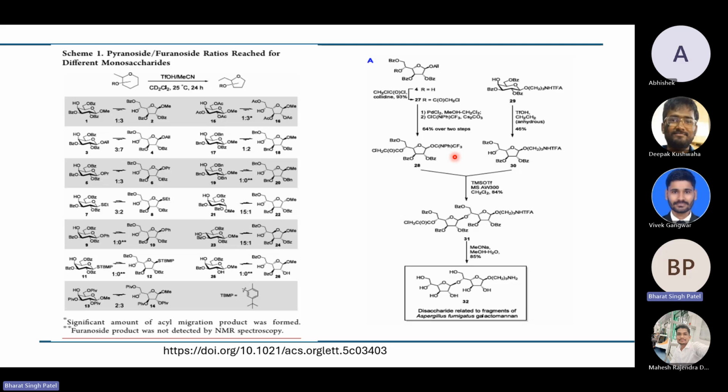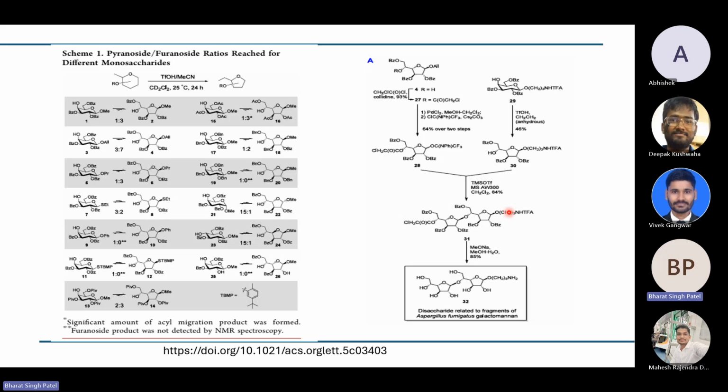And with the TCA donor, they took this acceptor 29, where they have taken this linker at the anomeric position. They did the glycosylation with the pyranoside, both furanoside donor and acceptor. They were able to get the beta 1,5 linked disaccharide with this linker.